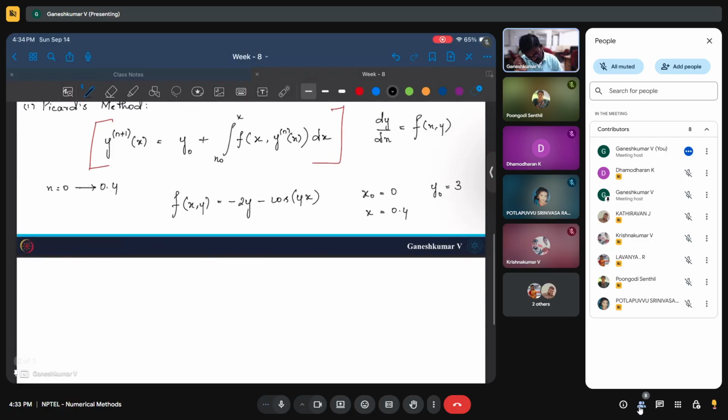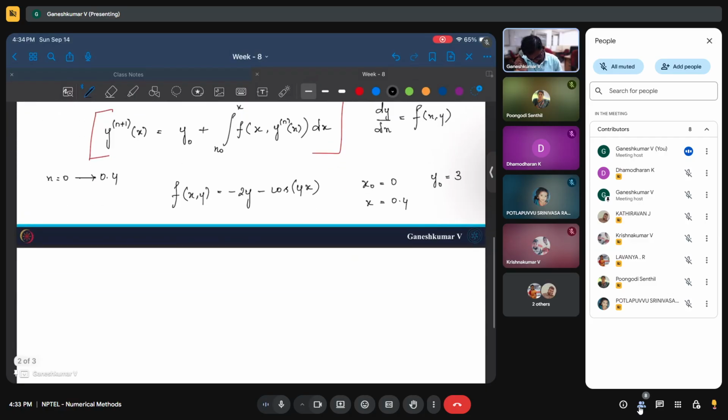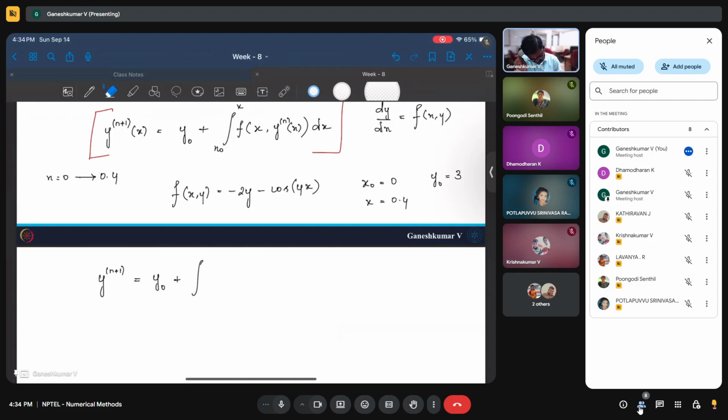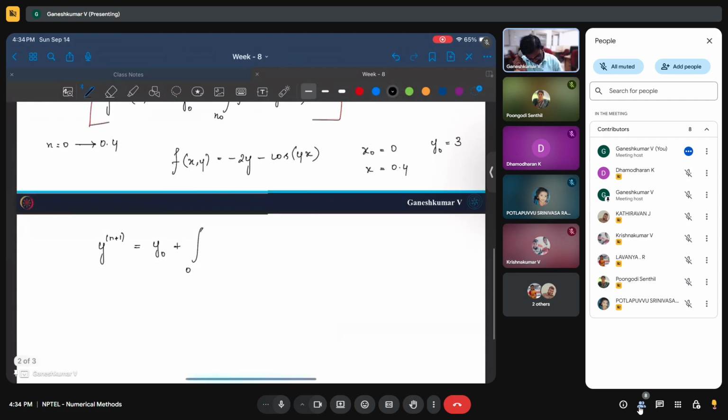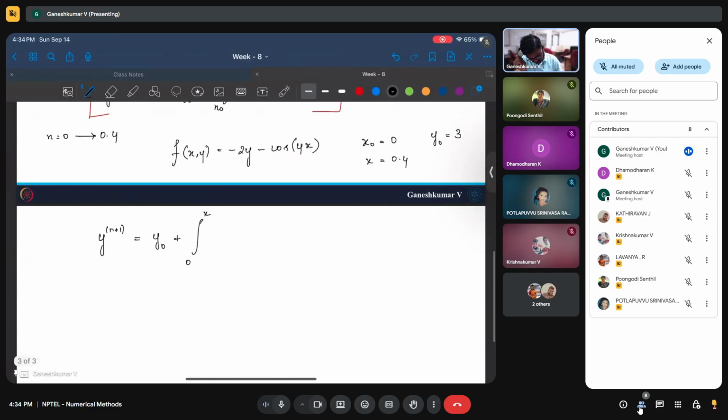So the formula is y at n plus 1 equals y naught plus the integral from 0 to x of minus 2y minus cos 4x, where y is the previous iteration value yn, times dx.